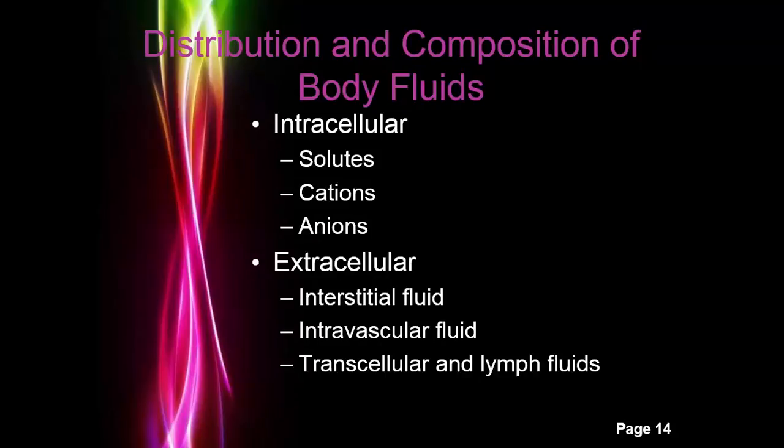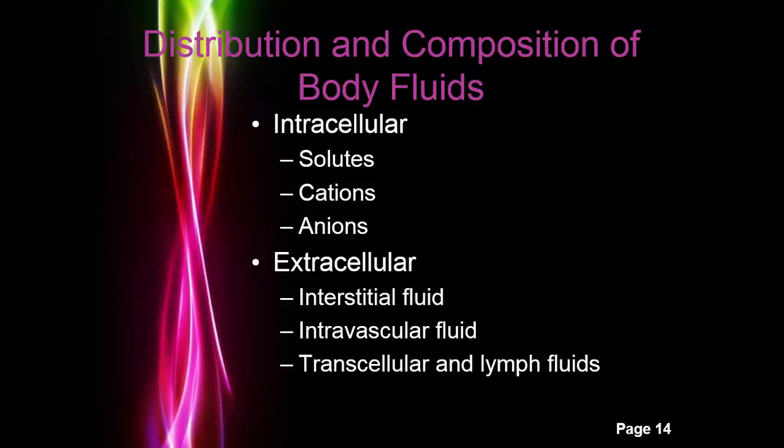All right, looking at the distribution and components of body fluids, you have your intracellular and your extracellular, which are the two major compartments that the body's fluid is divided into. Your intracellular fluid is found within the cells of the body.